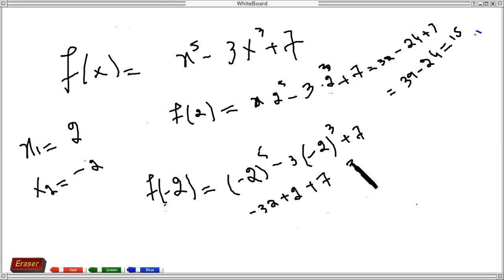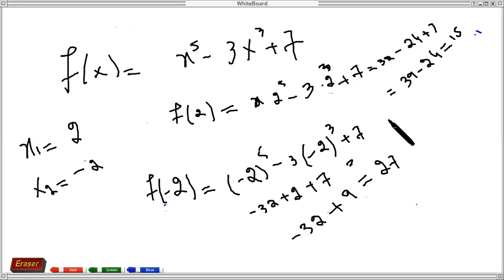Am I right? Yes. So 32 plus 32 minus 9 equals what? 32 minus 9 is equal to 25. Okay, yeah, 24.